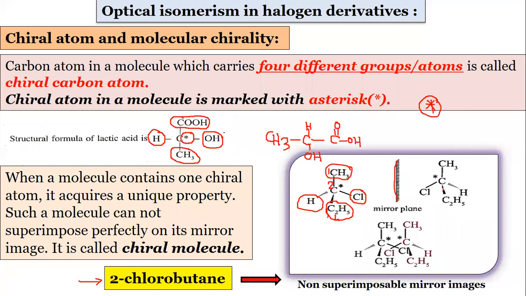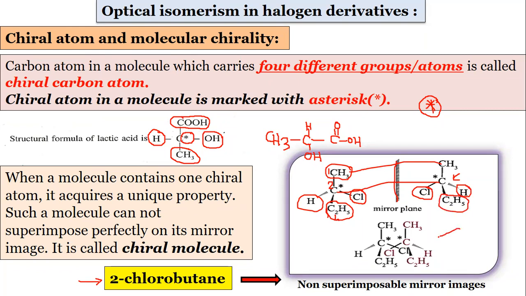If you pick up this molecule and put it on this, these cannot be matched. The carbon will match, CH3 will match, but the chlorine will not match, hydrogen will not match, C2H5 will not match.